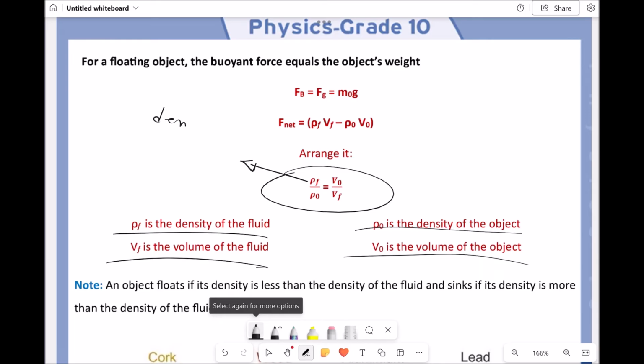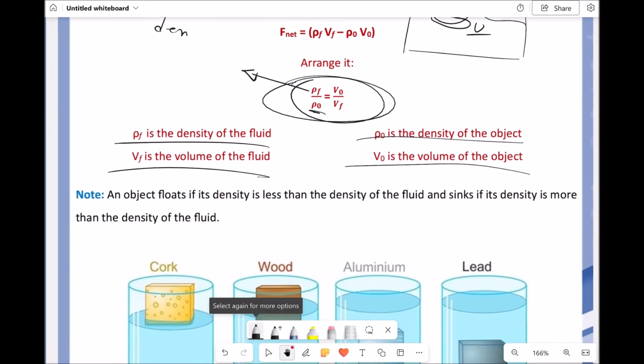This equation is used for what? When the object is partially submerged in the water. For example, here you see this is the volume that is submerged in the water. So you are going to use this equation to find the buoyant force, or the density of the object, or the density of the fluid.